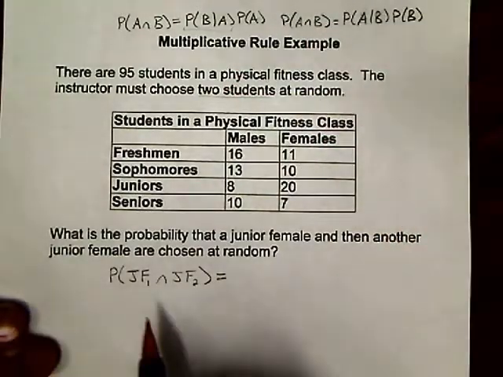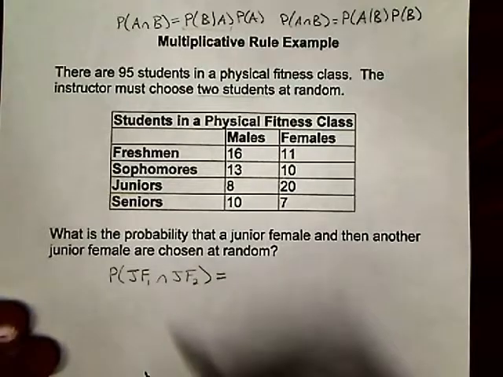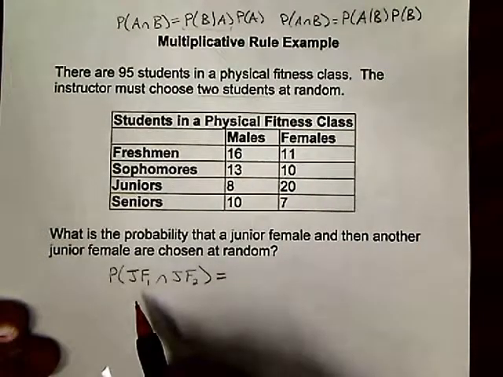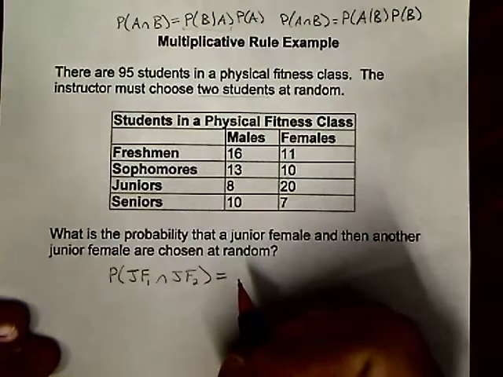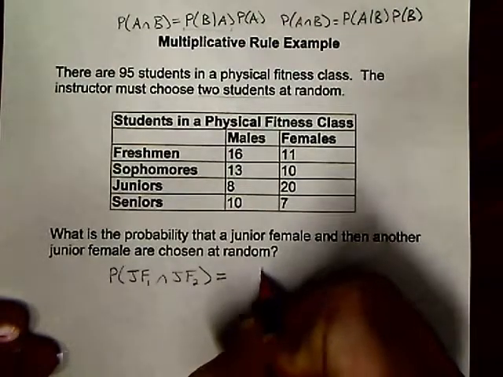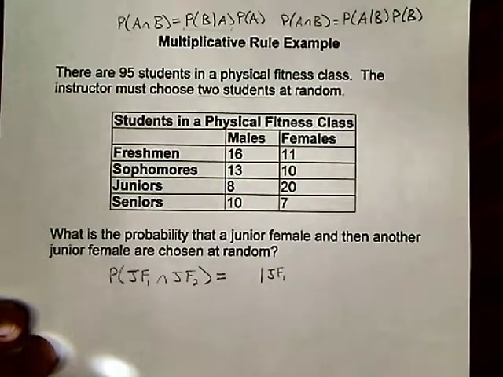And when I think about this problem, this is a two-step process. One student is chosen, then another student is chosen. The event that I would condition on is what would happen in the first choice, or the first choosing of the instructor. And that would be that a junior female, or JF1 as I have it, was chosen first.